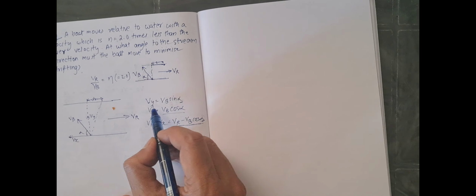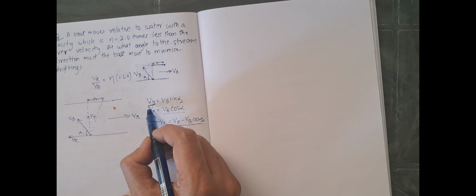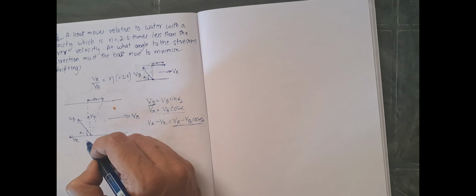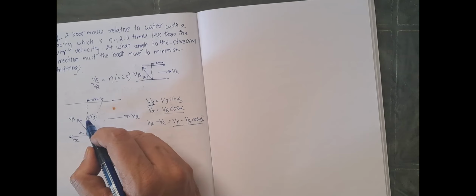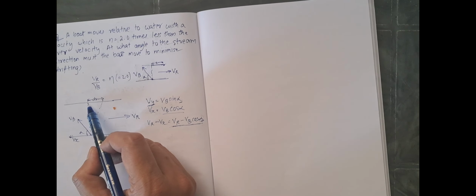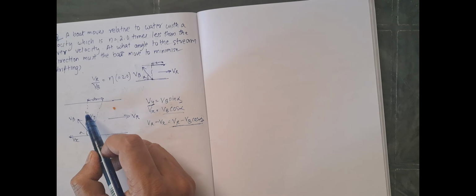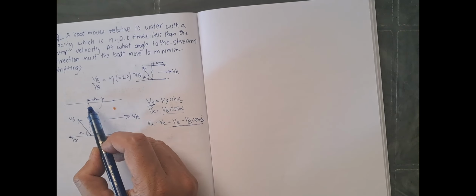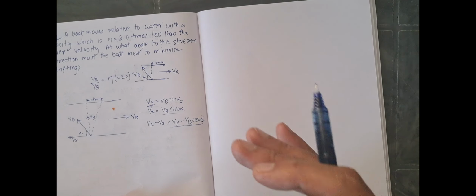As sine alpha decreases, Vy decreases. As Vy decreases, the speed along the direction perpendicular to the flow of water also decreases. And so because of that, there is always a chance that since it flows for a very long time, that's one factor which might lead to the drift getting larger.